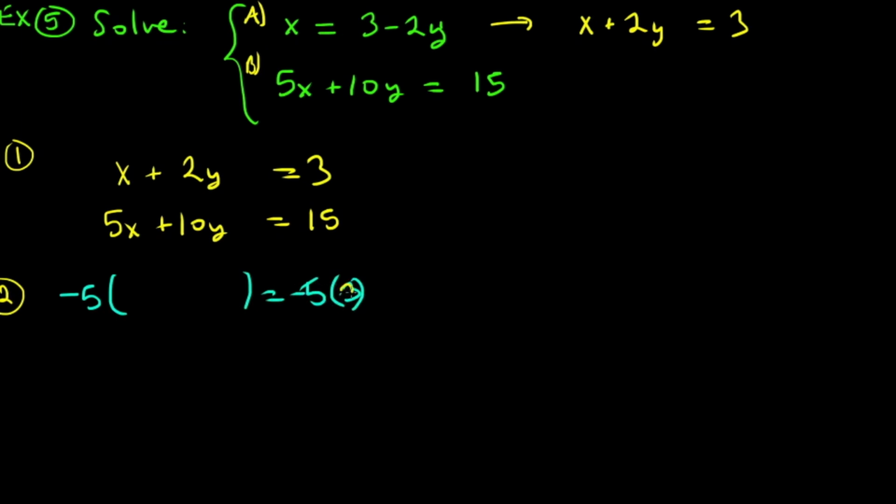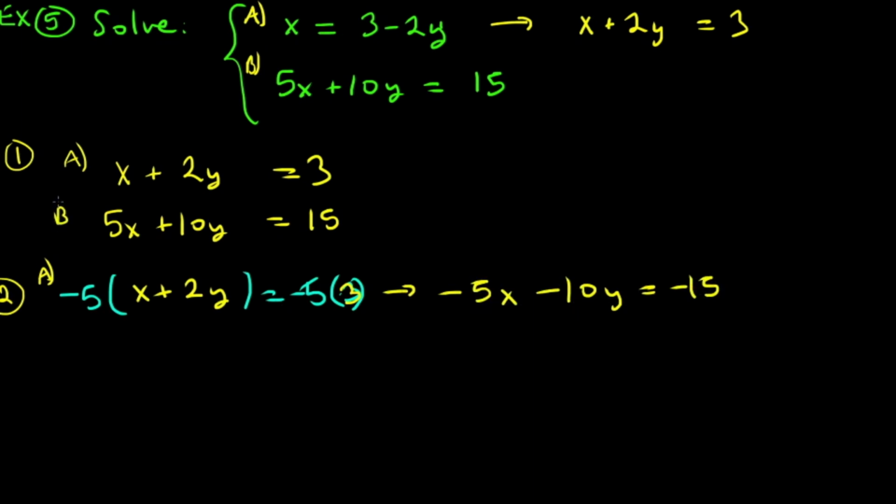So when we do that, we get negative 5x minus 10y is equal to negative 15. And equation B, we can leave alone. So equation B is still positive 5x plus 10y is equal to 15.